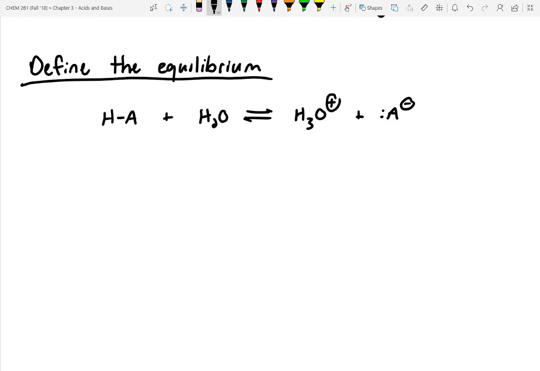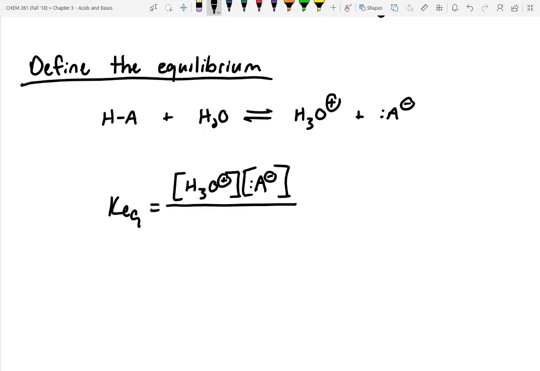Okay, so if we define this as an equilibrium, we'd say Keq equals the concentration of the hydronium ion times the concentration of our conjugate base over the concentration of our acid.